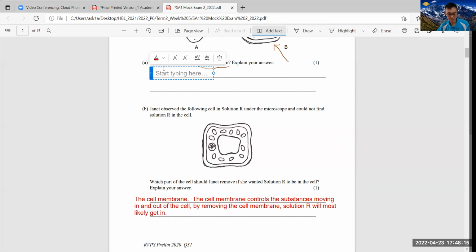So earlier is B. So you might mention a bird nest fern is a plant. Only plant cell have cell wall.